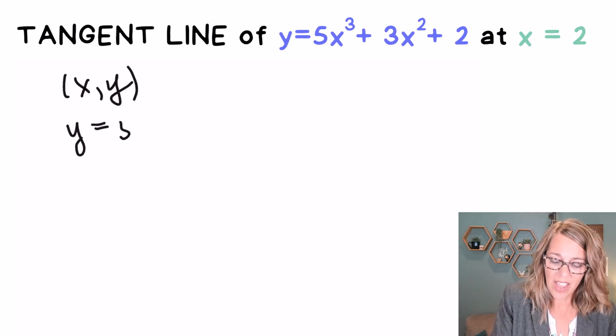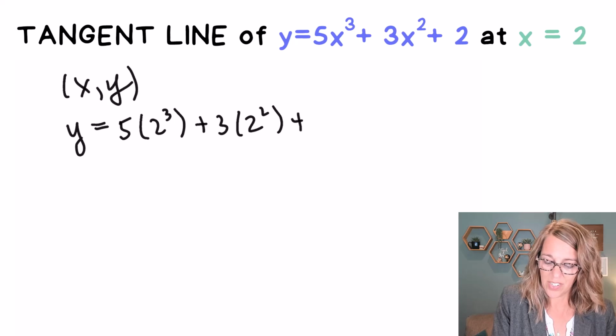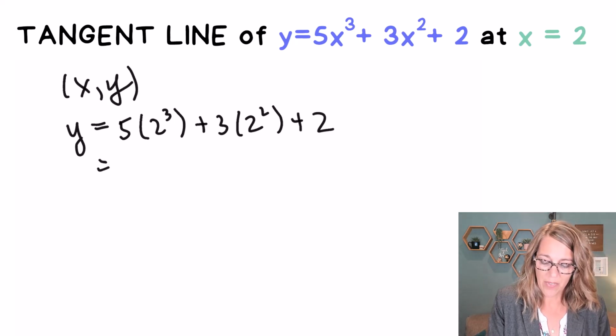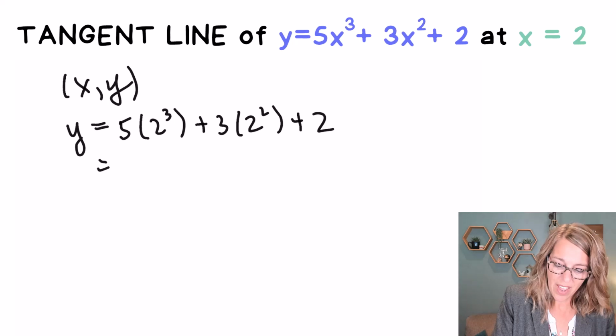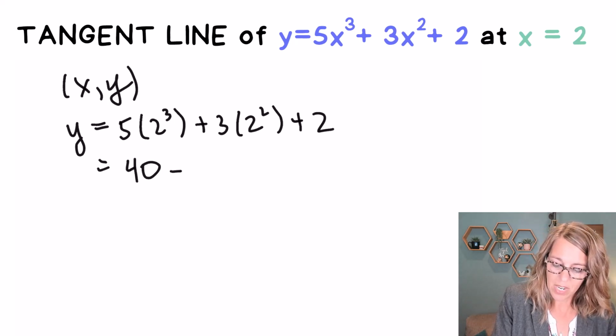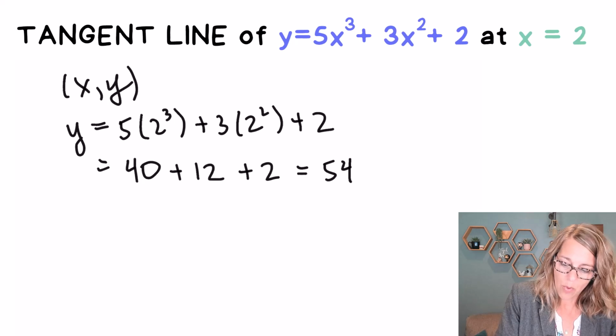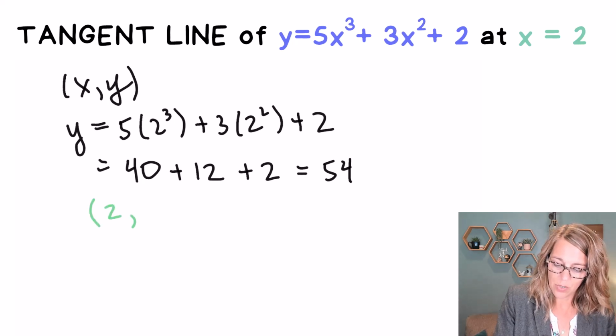Y is 5 times 2 cubed plus 3 times 2 squared plus 2. See if I can do this math right. 2 cubed is 8 times 5, that would be a 40. 2 squared is 4 times 3 is 12, plus 2. So this is a 54. So that point of tangency is 2 comma 54.